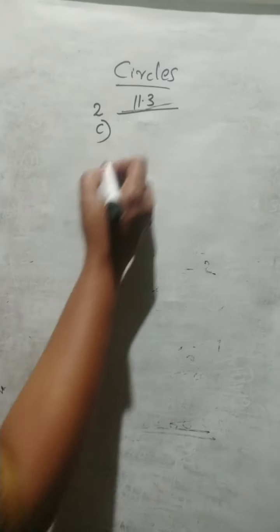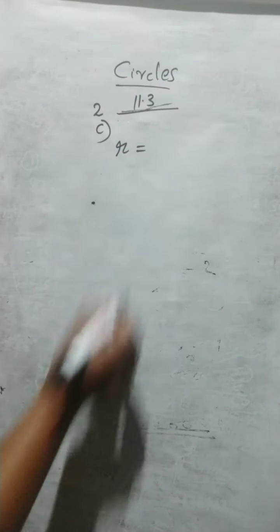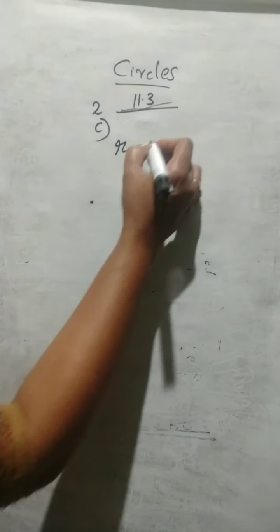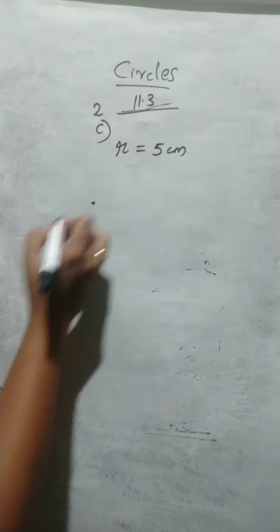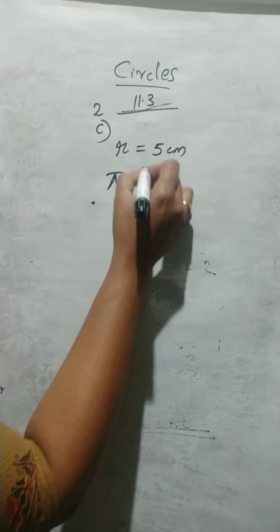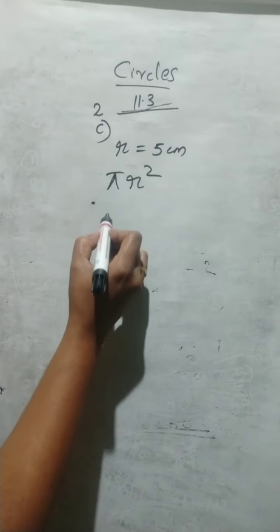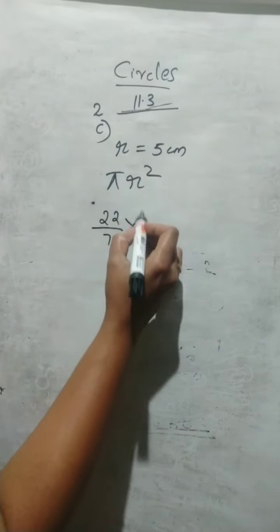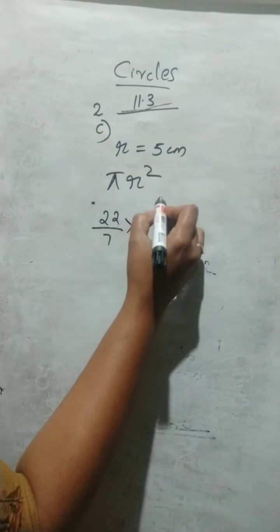For question number C, radius is given there. Radius is equal to 5 centimeter. The equation for finding the area of a circle is equal to pi r square. So pi will be 22 on 7 multiplied by r squared, that is 5 squared.